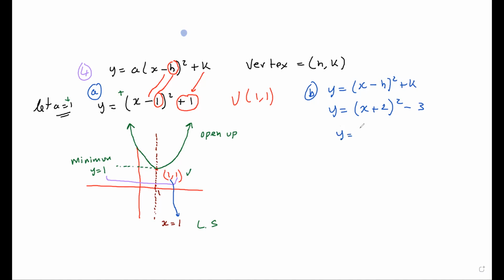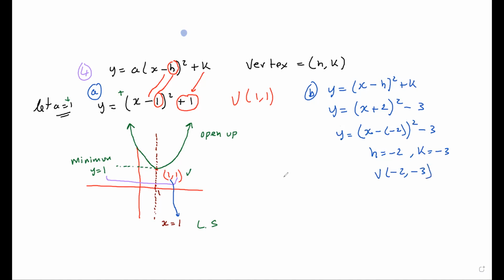So I recommend to do that when you're doing your calculations with me, unless you're quite good at this. So x minus negative 2, minus negative is positive, squared minus 3. So you can see the h value is going to be minus 2 and the k value is minus 3. Whatever sign is there, don't change that sign. So your vertex is minus 2, minus 3.